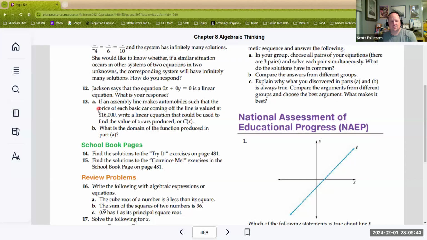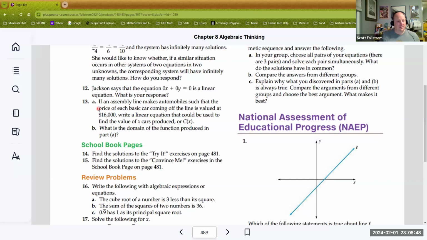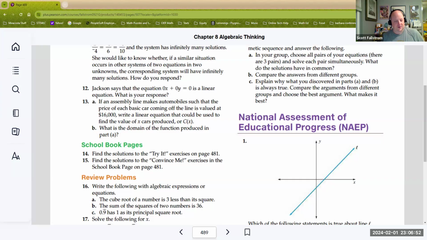Well, the definition of a linear equation in your mind may be many things, but what you really want to go back to is the definition, where they did say that you can have a linear equation as something that can be written as ax plus by equals c. You could say, okay, that's a linear equation.